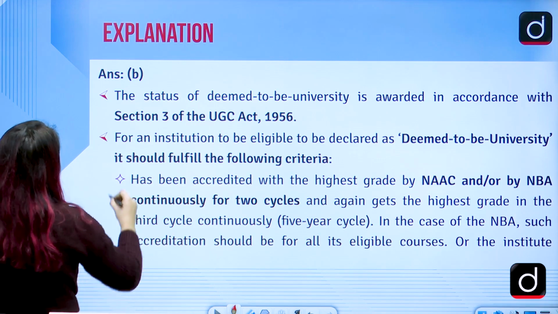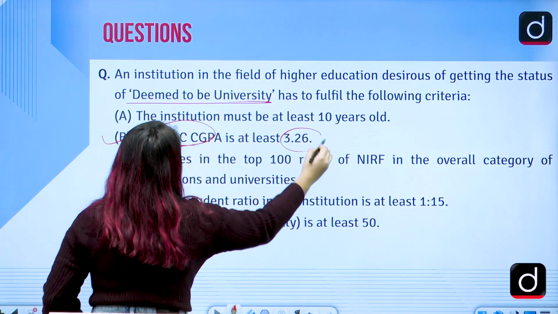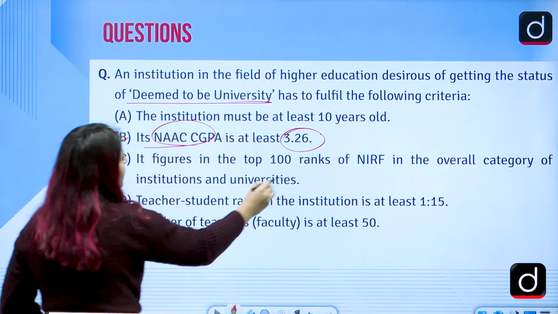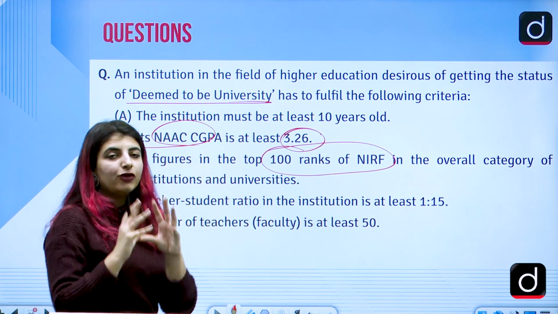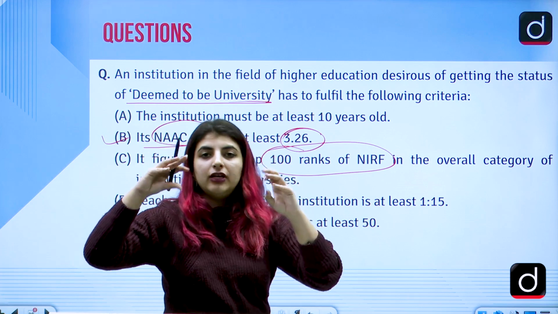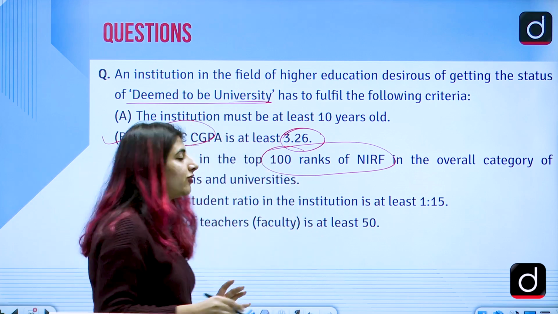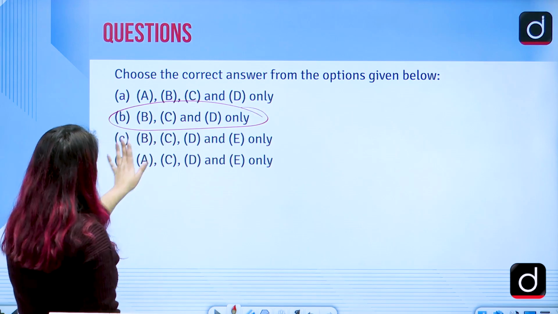The criteria of NAAC CGPA to be 3.26, figures in the top 100 ranks of NIRF in the overall category. So NIRF has the ranking of overall category, technical institutions, IITs, etc. Correct? And B, C and D was the answer.